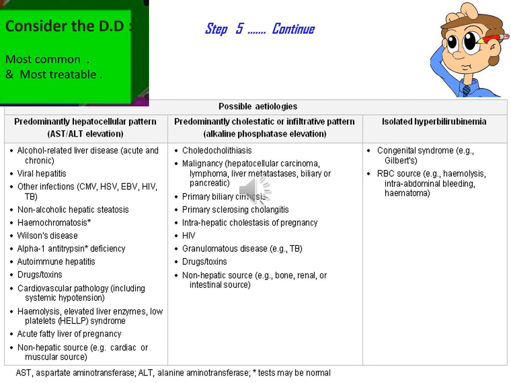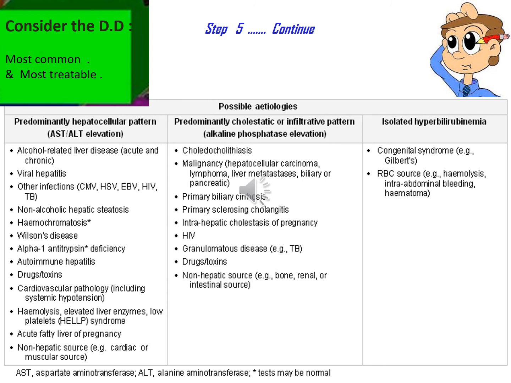As we mentioned before, the differential diagnosis is according to the pattern of abnormality. If the change is predominantly in the AST and ALT, denoting hepatocellular pattern, we may put the differential diagnosis: alcohol-related liver disease, viral hepatitis, other infections, NAFLD, hemochromatosis, Wilson's disease, alpha-1 antitrypsin deficiency, autoimmune hepatitis, drugs and toxins, and so on.